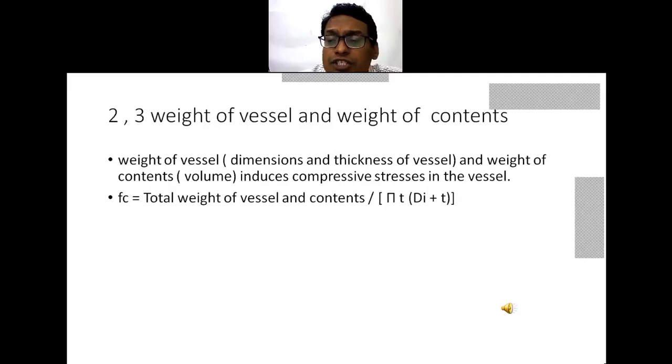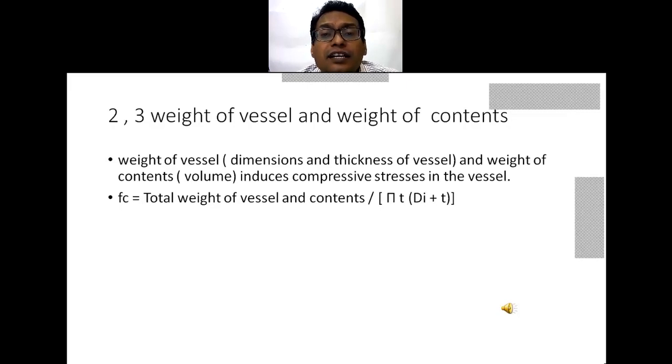The next is the weight of the vessel and the weight of its contents. The weight of the vessel itself has to be sustained. The shell thickness should be sufficient so that it is able to sustain its own weight. First, it has to sustain its own weight.